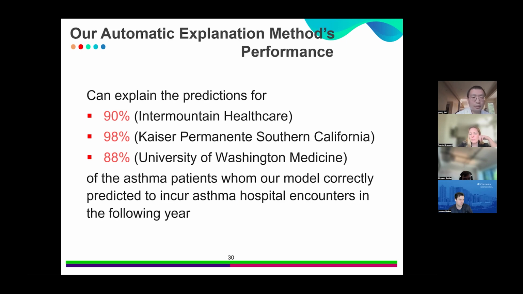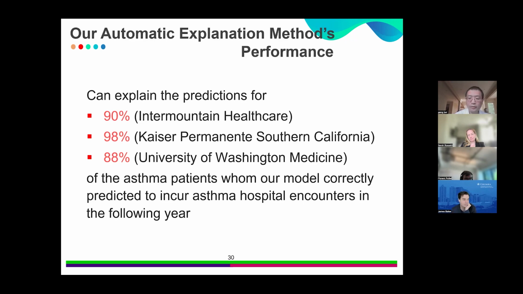If we use our approach at Intermountain Healthcare, we can explain 90% of patients who are predicted correctly to have bad outcome next year. At Kaiser Permanente Southern California, this percentage is 98%. At the University of Washington Medicine, this percentage is 88%. So those percentages are not 100%, it's imperfect.